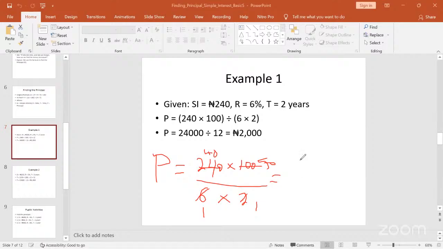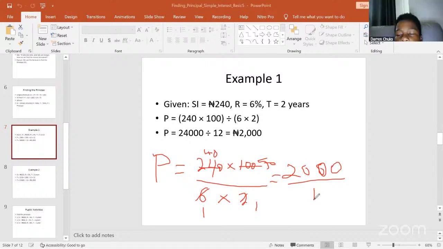So 2000 all over 1 is 2000. That will give you 2000 naira.